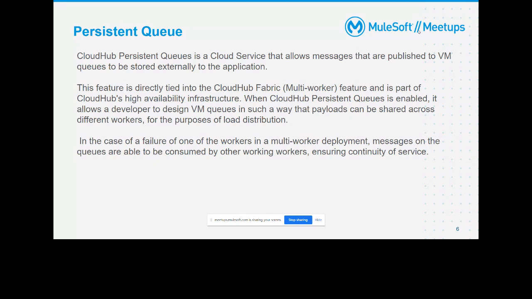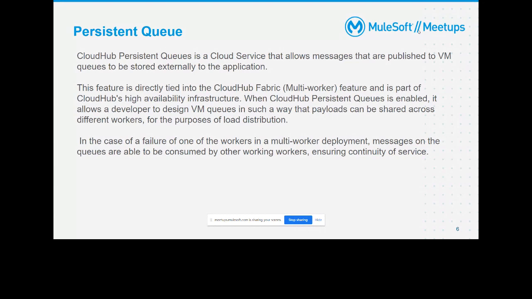Let's consider I have received the request on one worker. I have done some processing and put the message into the queue, so the other worker can read that message from the queue and continue the further processing. That is how we achieve clustering in CloudHub. Using VM queues and the persistent queue option, we can do a kind of clustering in CloudHub.